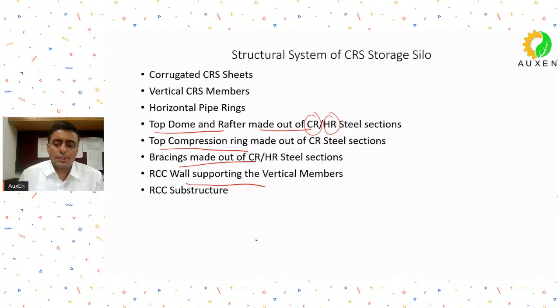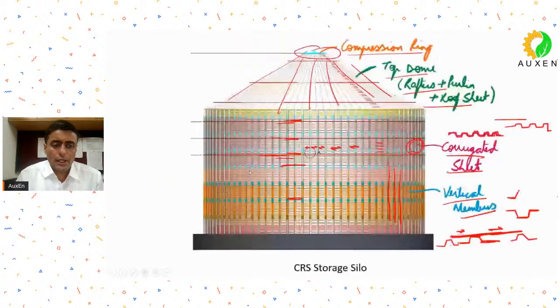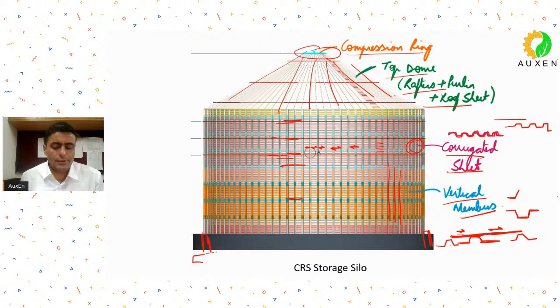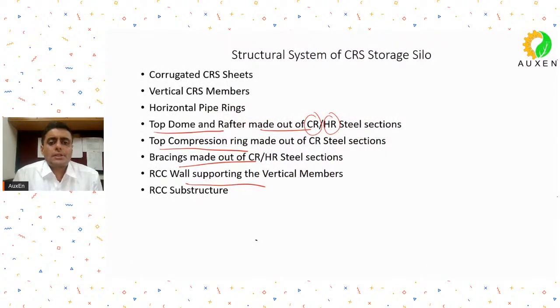And at the substructure, you will have an RCC wall. I didn't show it because it was an RCC element. So here you will have a ring wall, RCC, and then you will have your RCC substructure depending on the geotechnical conditions. So this is how the entire structural system looks like.